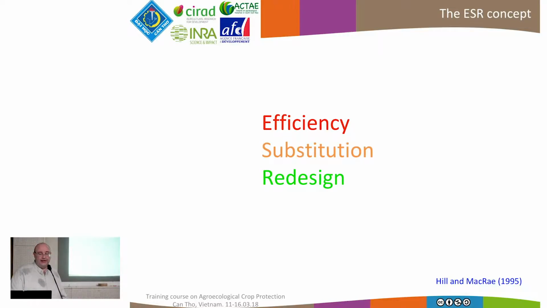Another example is to help decision making with regard to biological control. If you want to control a given pest using some beneficial, you also need some modeling tools in order to optimize the timing and the quantity of the beneficial that you will be using.